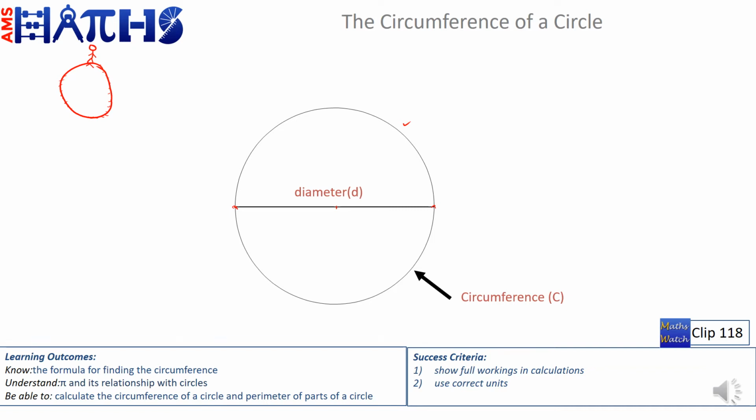Now if we take that length for the diameter, let's say we get a piece of string and we measure it from this point to that point to get the diameter and cut the string to that length. Then if I wrap the diameter around the circle, let's see how many times we're able to do this.